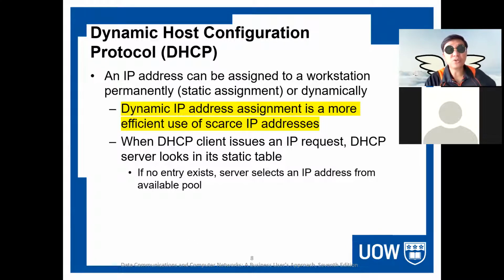So people can control this. For example, a shopping mall may only allocate about 500 IP addresses. If all 500 people come in and use them up, you have to wait for somebody to log off from the Wi-Fi before they assign you one.